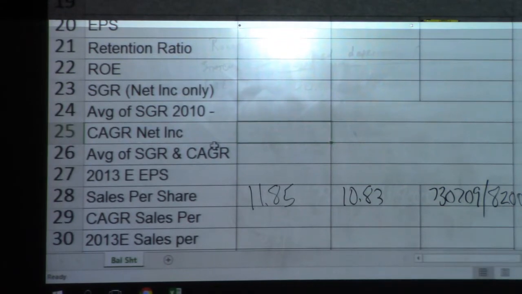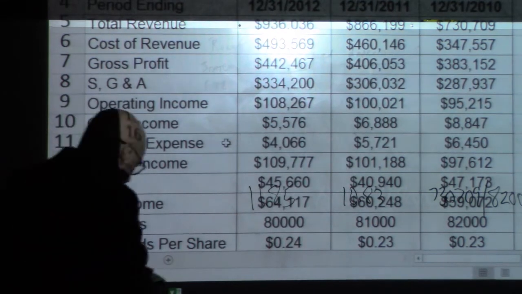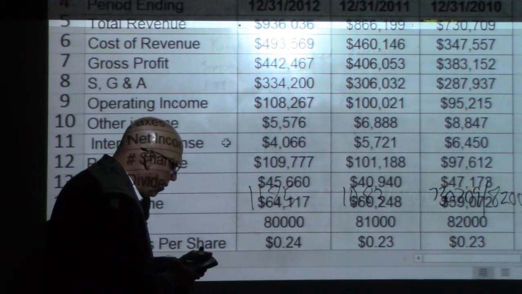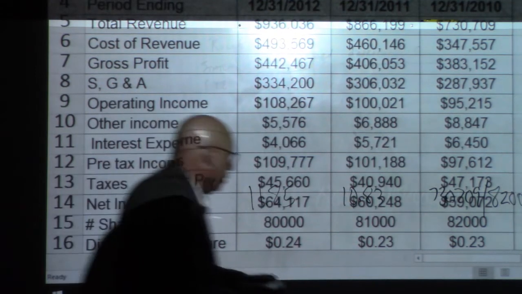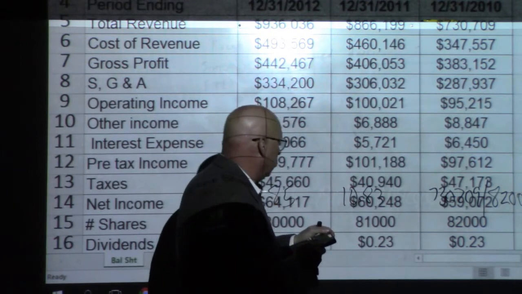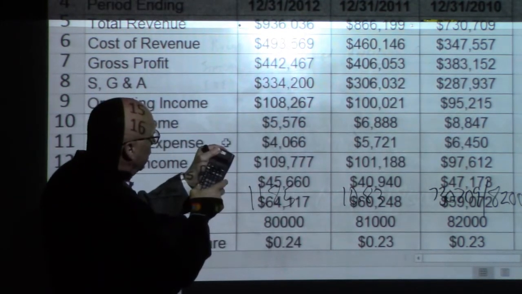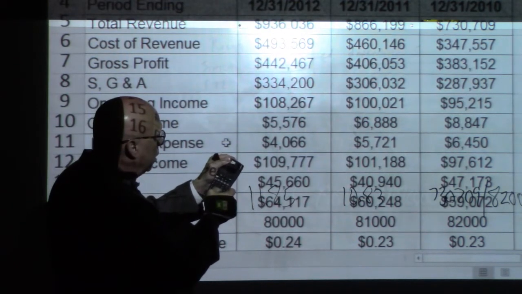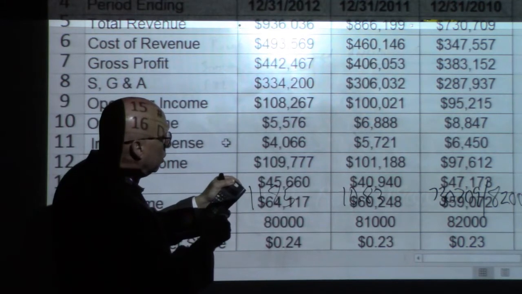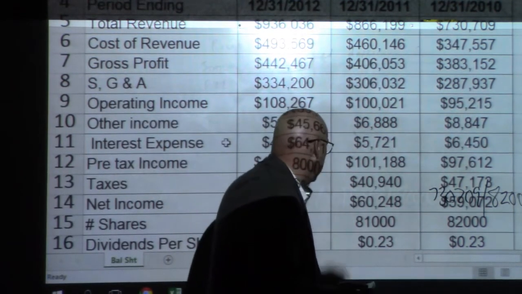Let me make sure. 866,199 divided by 81,000. Yeah, 81,000. So that's $10.69. Let me clear that out. 866,199 divided by 81,000 shares. Yeah, that should be $10.69.